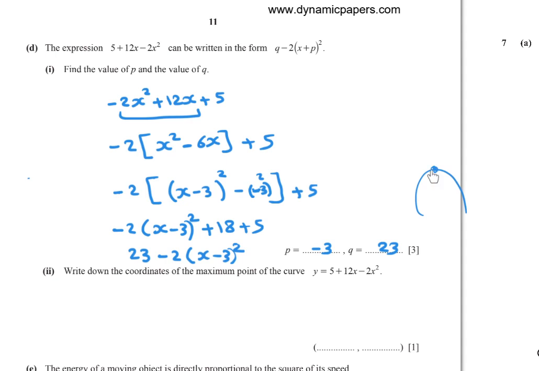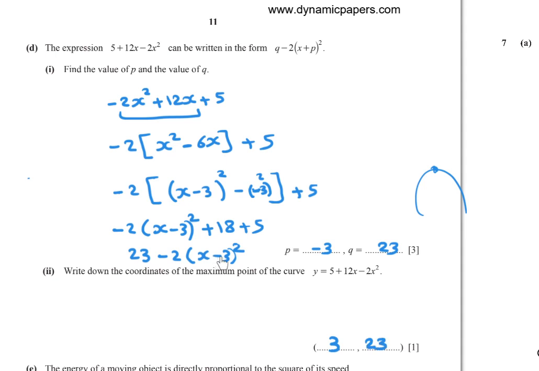How to find the maximum point or the turning point or the stationary point? From the vertex form, the x coordinate, look for x. This number, change the sign for this number. This negative 3 will be 3. And the number outside the bracket, which is 23, keep this sign, so positive 23.